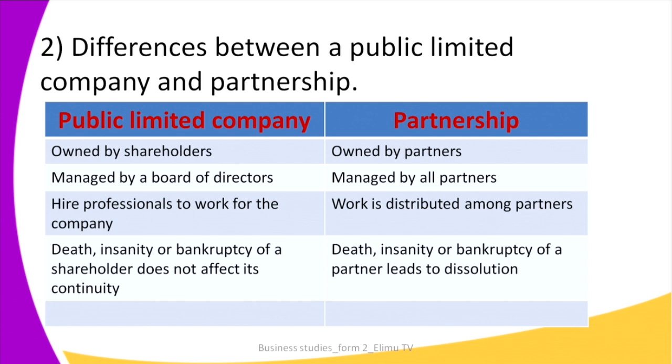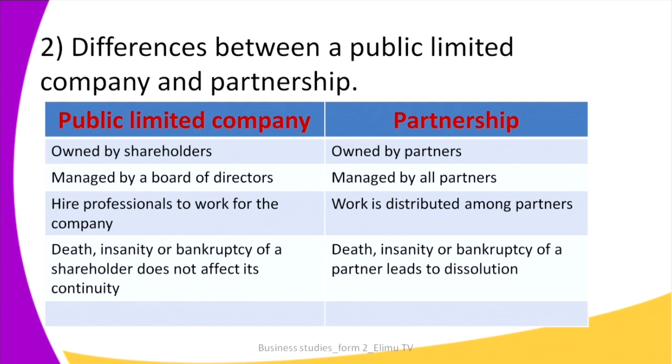So just because a shareholder has died or has gone insane or has become bankrupt, the company cannot dissolve. It will just continue, and that is what we mean when we say death, insanity, or bankruptcy does not affect its continuity. So anything that happens to a shareholder cannot make the company dissolve.